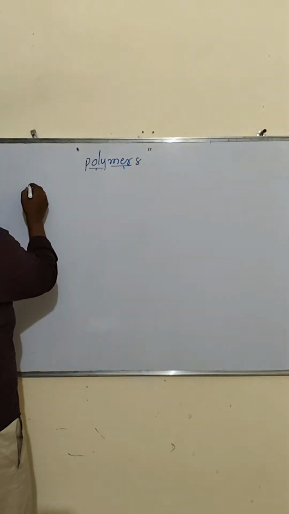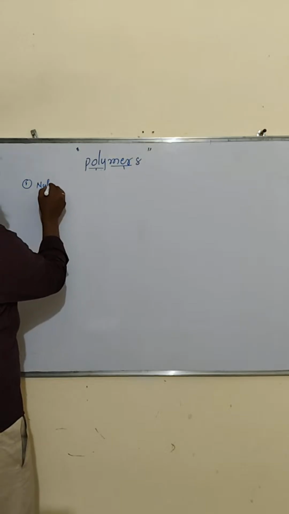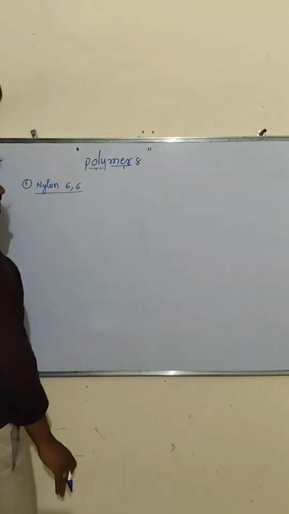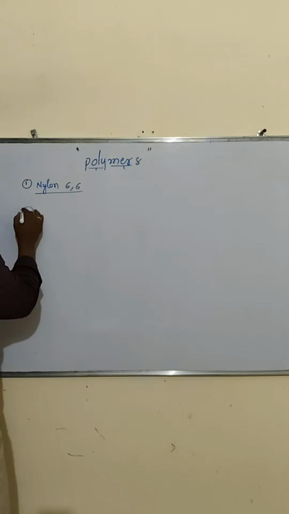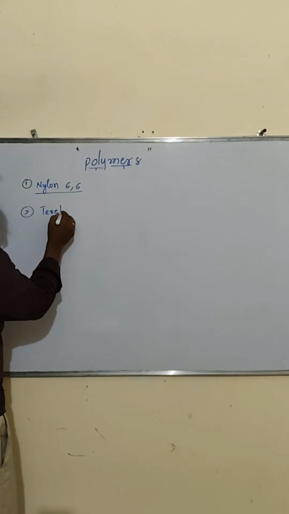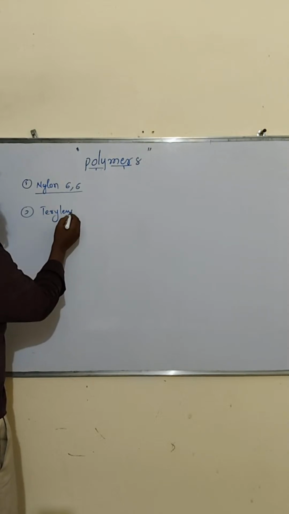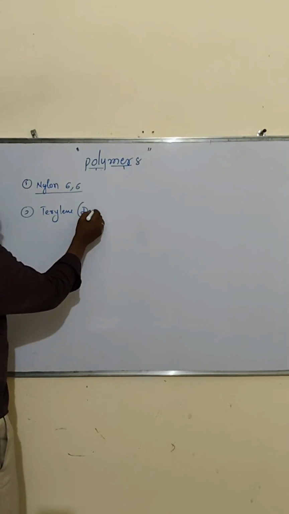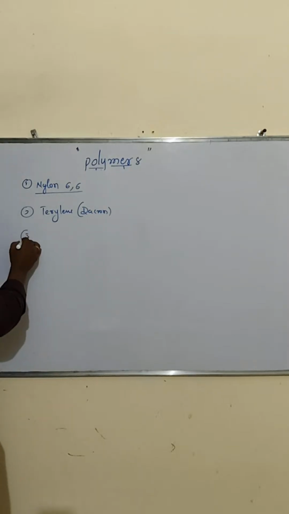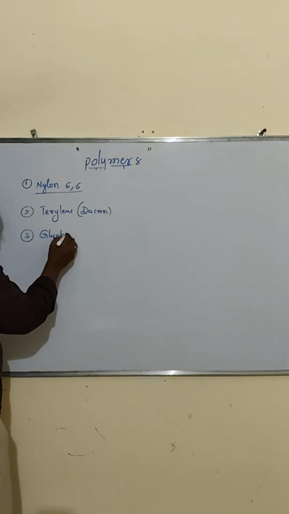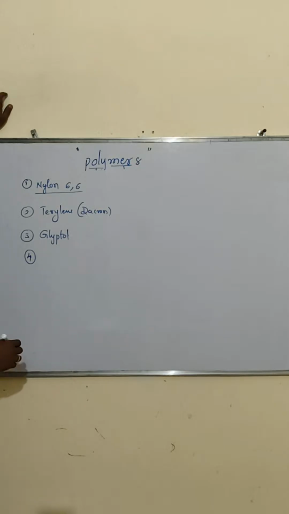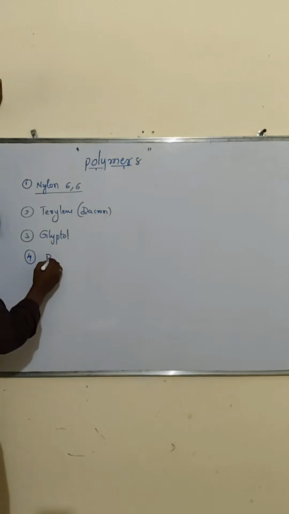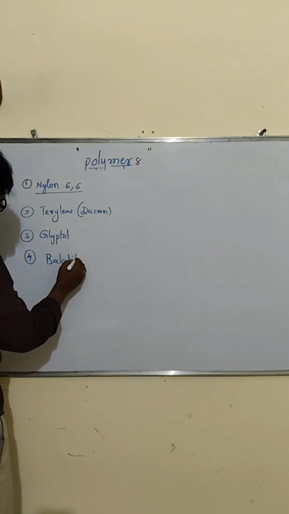See, look at my dear students, the copolymer condensation polymers. కోపాలిమర్ ఏమేమి ఉన్నాయంటే number 1 nylon 6,6, then pteryline, దీన్నే డాక్రాన్ అని కూడా అనొచ్చు. దెన్ థర్డ్ వన్ గ్లిప్తాల్, దెన్ ఫోర్త్ వన్ bakelite.